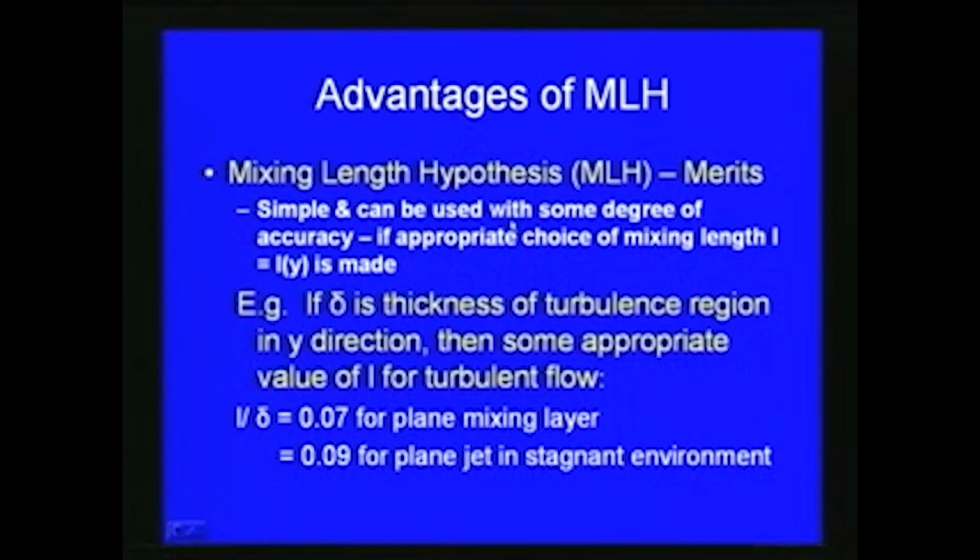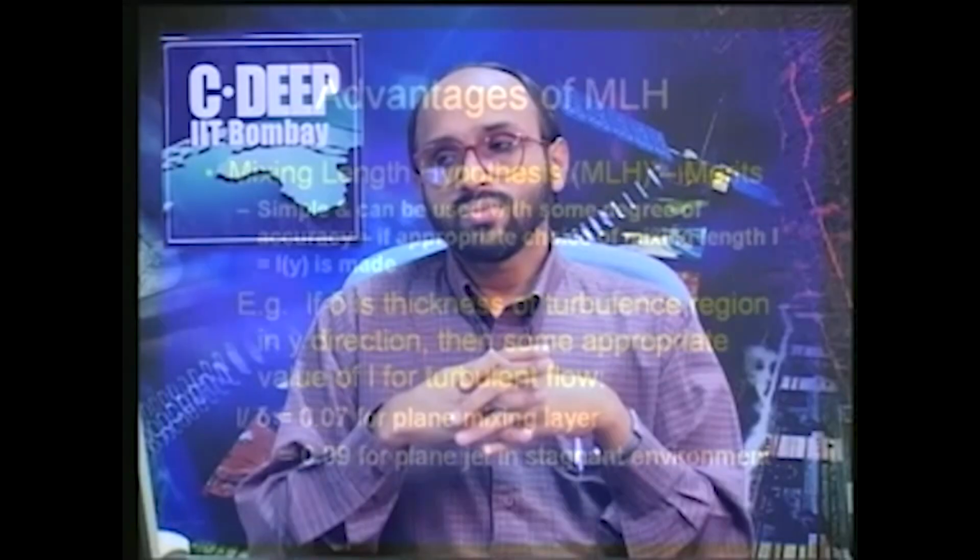If the appropriate choice of mixing length L is made, we can get a good solution. This depends upon how effectively we can calculate or find out the mixing length. As we have already seen, once we have derived a term for the shear stress in terms of mixing length and the velocity gradient, if the mixing length can be correctly obtained through various means, then we can calculate other parameters accurately.